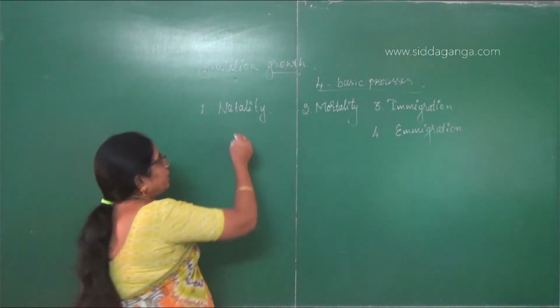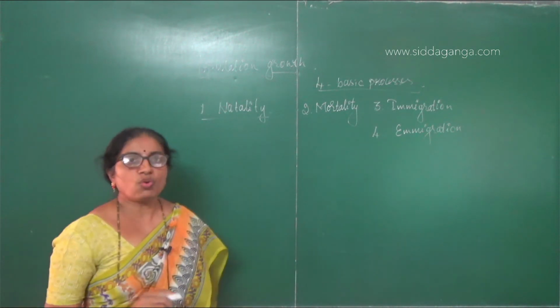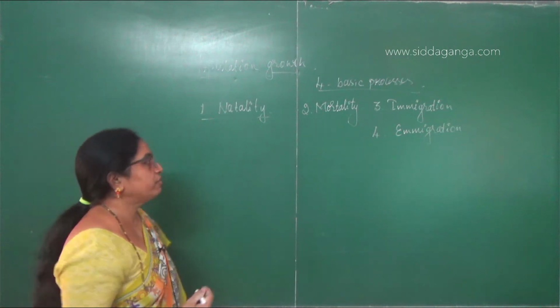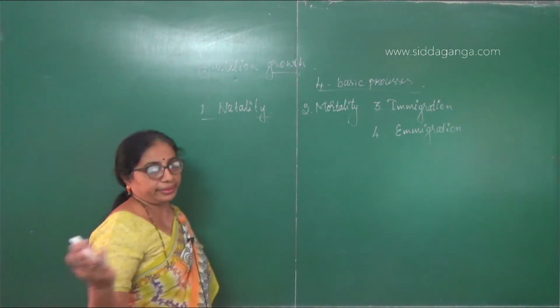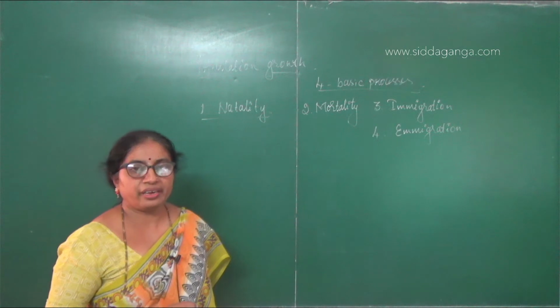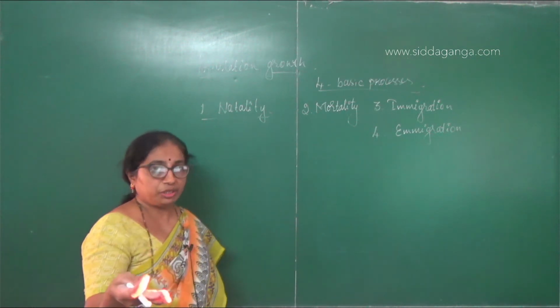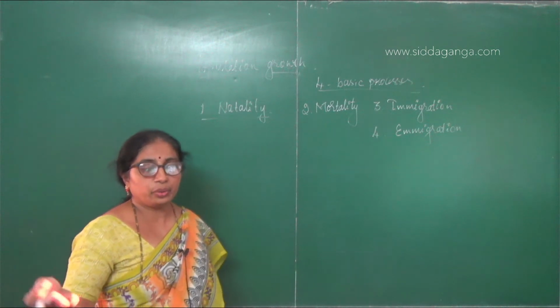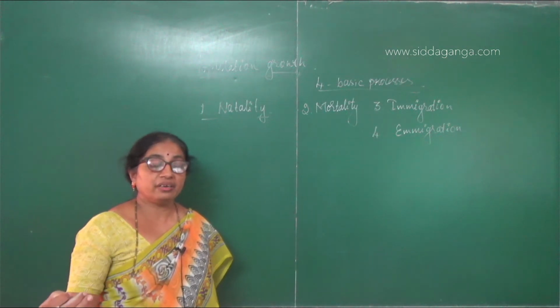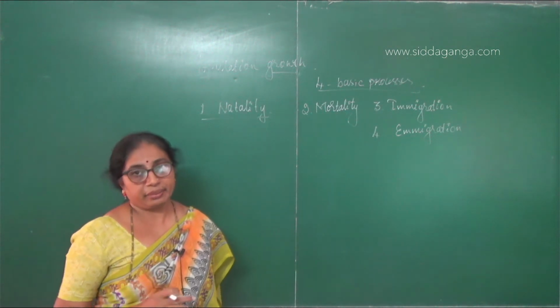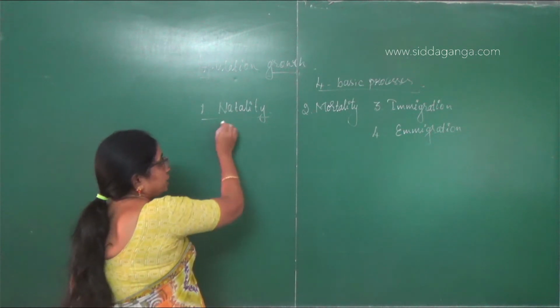So the first one is natality. So what is natality? In simple words, natality can also be called the birth rate. It is the number of individuals that are added to the population in a particular time, in a particular habitat, is called natality.